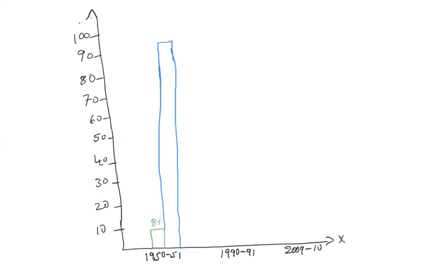So this is 92%. And then in 1991, the public sector share was 23.6%.